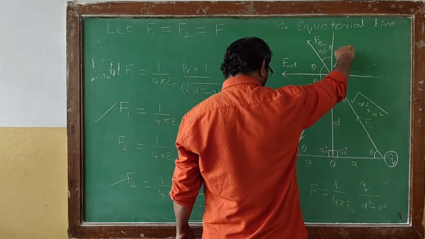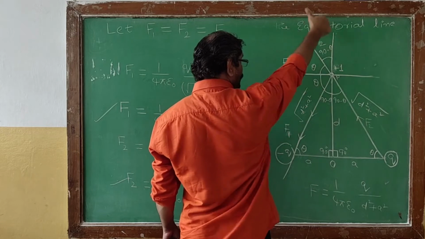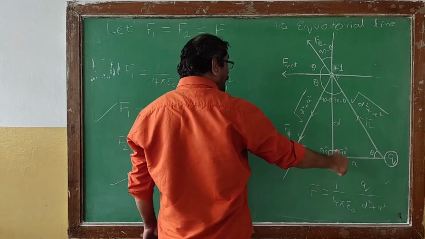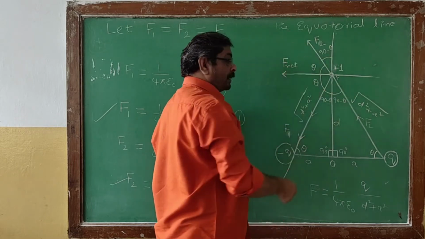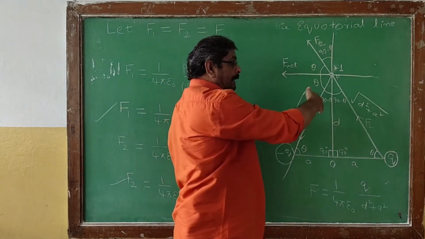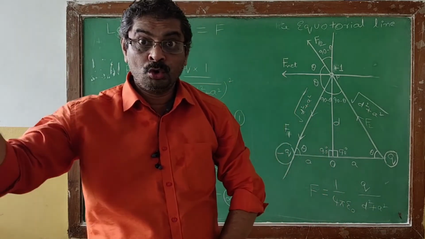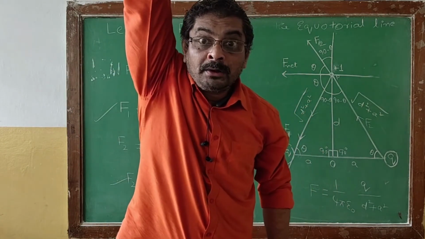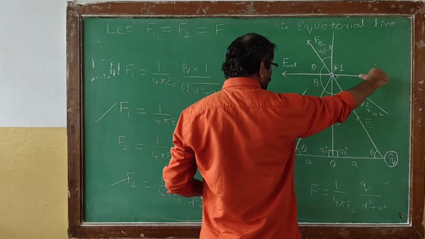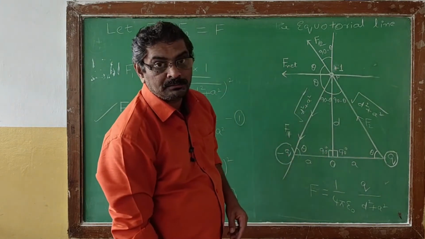F1 will be acting downward and F2 will be acting upward, both inclined at a certain angle.